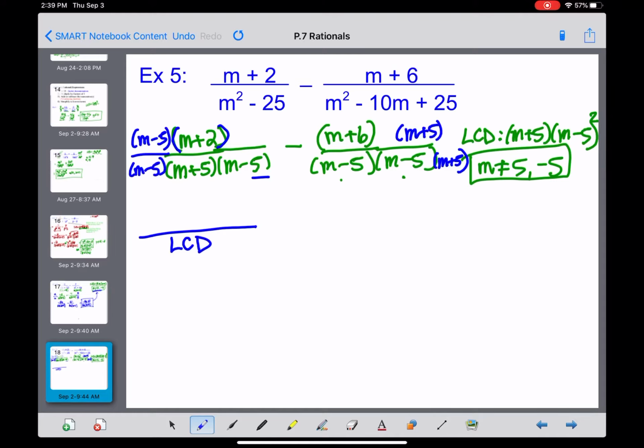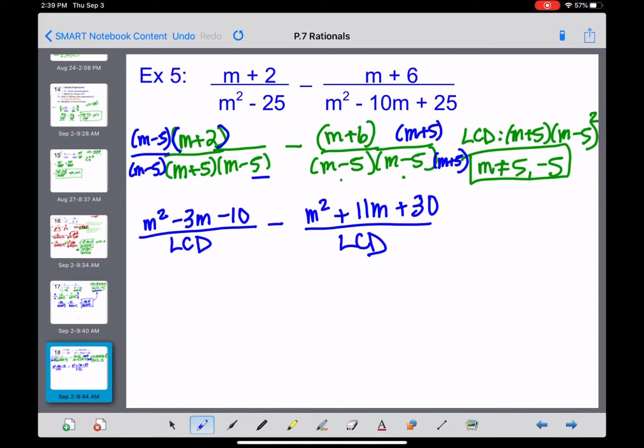So I'm going to multiply m by foiling here. So m squared. We have a negative 5m plus 2m, so that's a negative 3m minus 10. And then minus, and then m squared. We have a plus 6m and a plus 5m, so plus 11m plus 6 times 5 is 30 over my LCD.